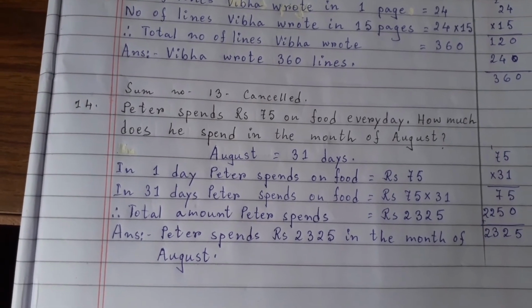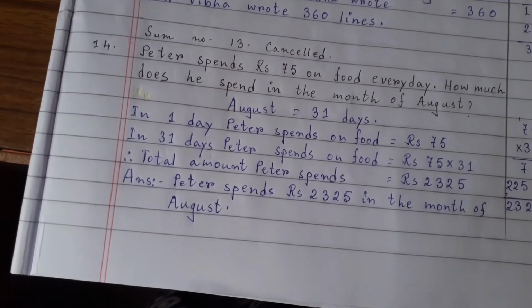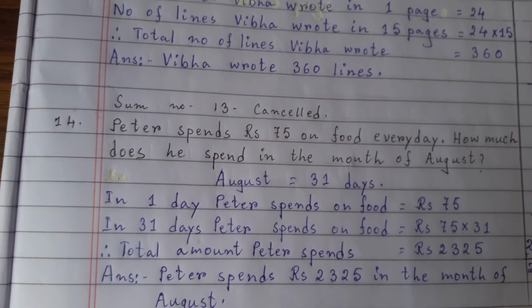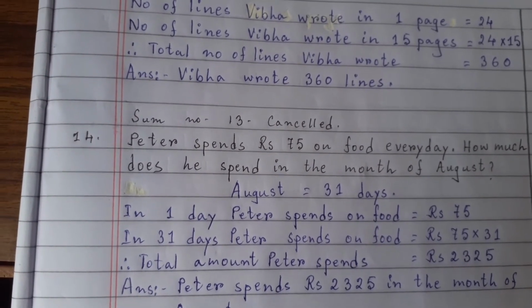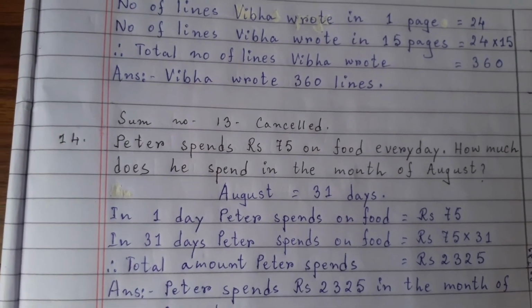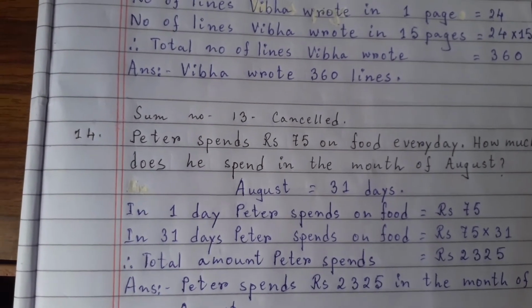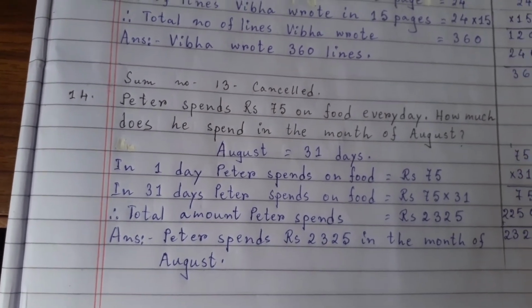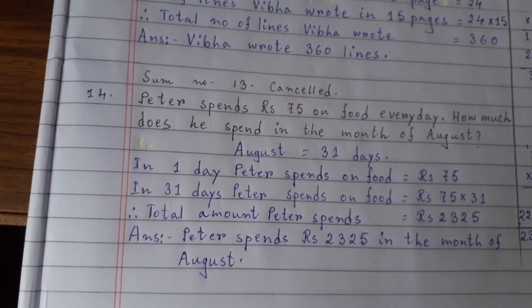There are 31 days in the month of August. So at first we will write August is equal to 31 days. And Peter spends rupees 75 on food every day. Every day means one day. In one day Peter spends rupees 75. We have to find out how much Peter spends in 31 days.